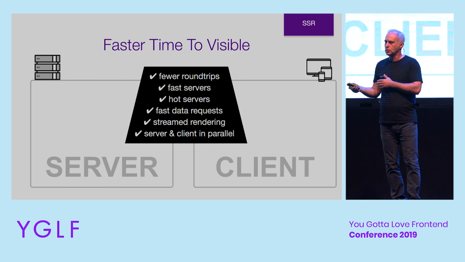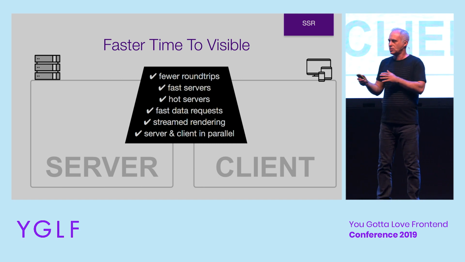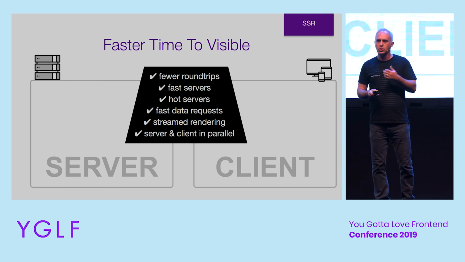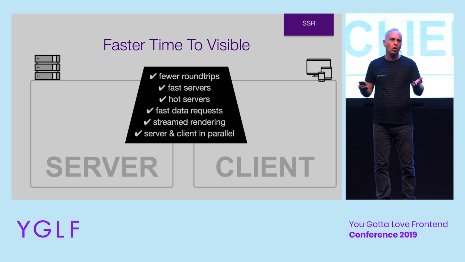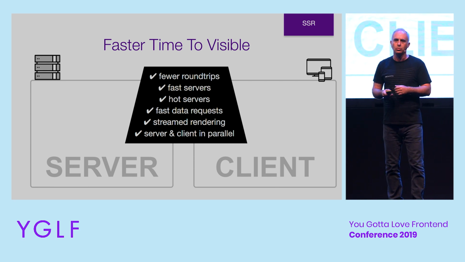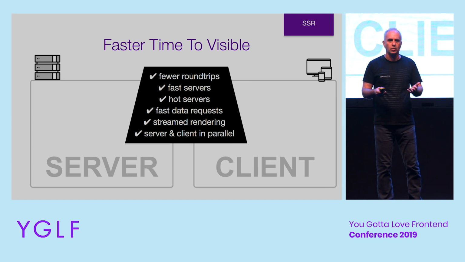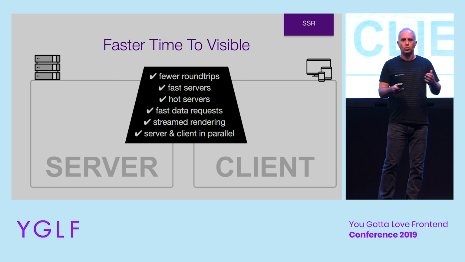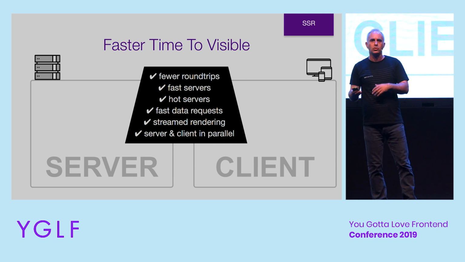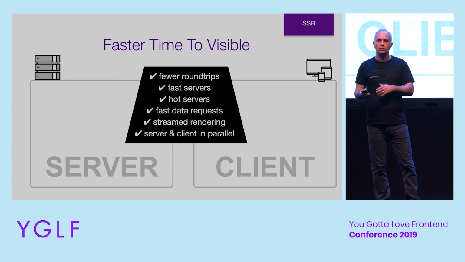I won't go over this entire list because this is not the focus of the talk, but just to mention a few. The first obvious one is that you need fewer round trips to get the visible content. With client-side rendering, you download the HTML and then JavaScript and then you do some AJAX or something.